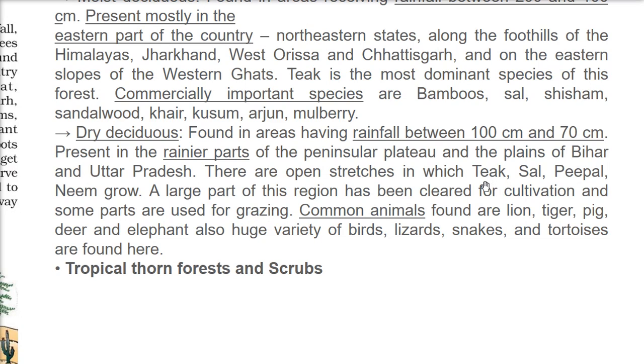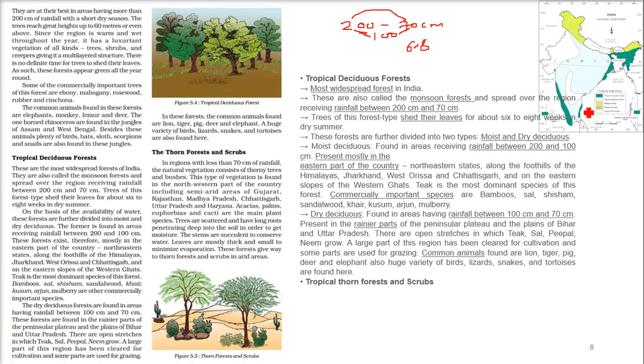Most of the area has already been cleared for cultivation and for grazing. Common animals in this region are lion, tiger, pig, deer, elephant, and there are huge varieties of birds also, lizards, snakes and tortoises. So these are the two parts.